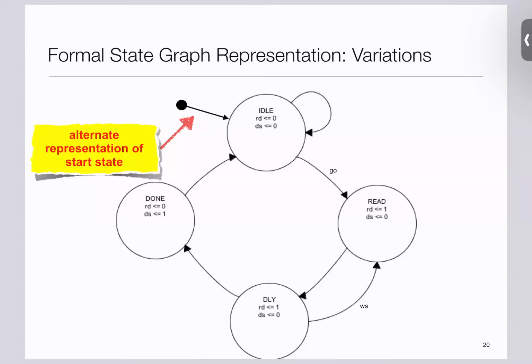The key thing to keep in mind is that if I have many state bits, if I have lots of registers in my system, then my system can exist in many states, right? If I have 1,000 flip-flops, 1,000 bits worth of state, then I have 2 to the power 1,000 possible different states, and I cannot draw the diagram like this. So this strategy works only when I have a few state bits.